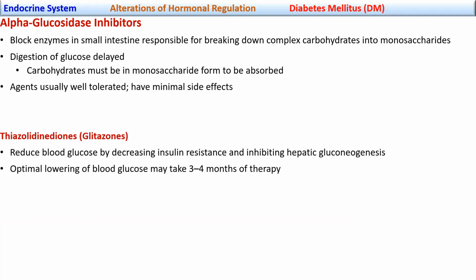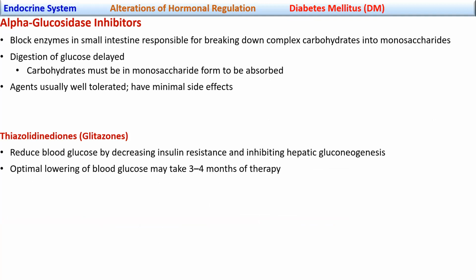Thiazolidinediones, like Avandia or glitazones, increase the risk of myocardial infarction and stroke.